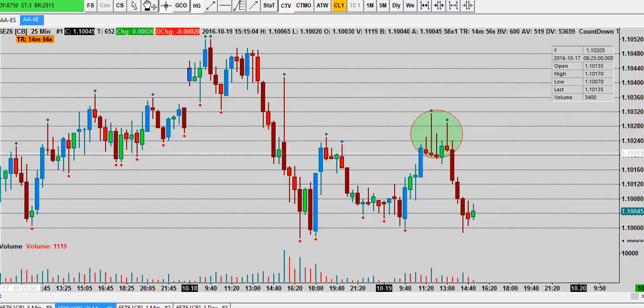As I have repeated many times in the past, setup number one of the trading plan, that is trading from a support or a resistance area on the 25-minute chart, is one of our strongest setups with a very high rate of success.